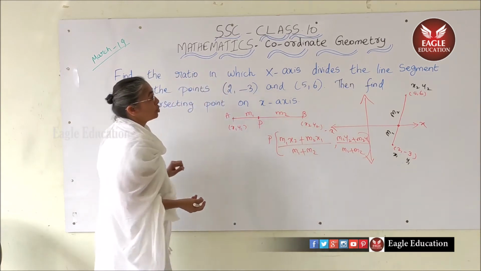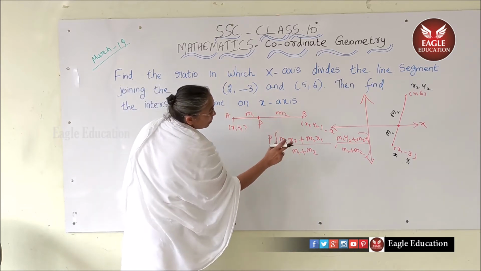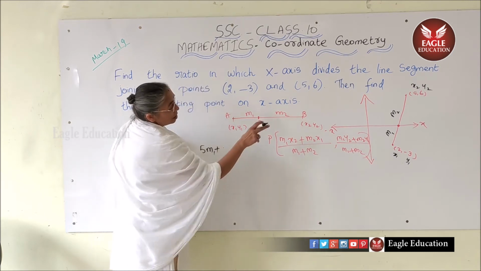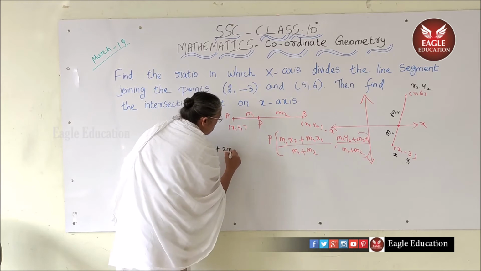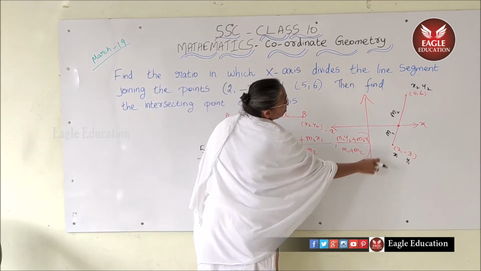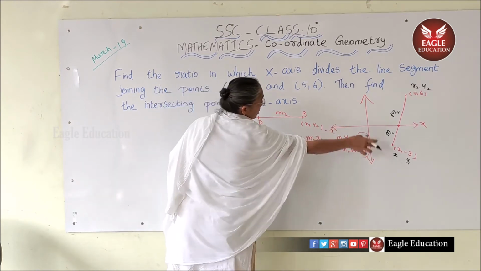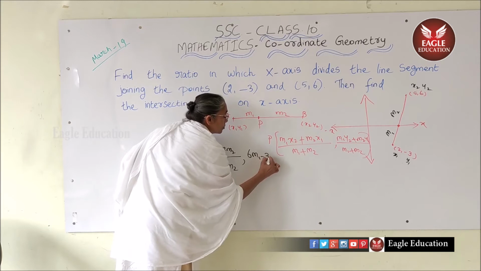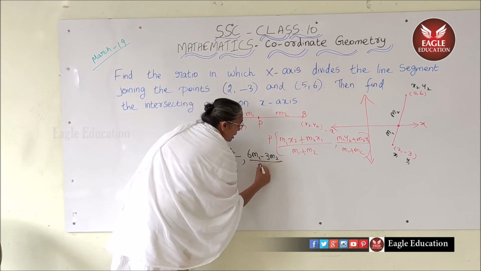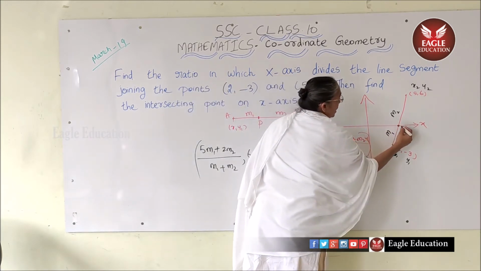So m1 x2 plus m2 x1 is 5m1 plus 2m2 divided by m1 plus m2, and m1 y2 plus m2 y1 is 6m1 minus 3m2 divided by m1 plus m2. So these are the coordinates of the point which is lying on the x-axis.